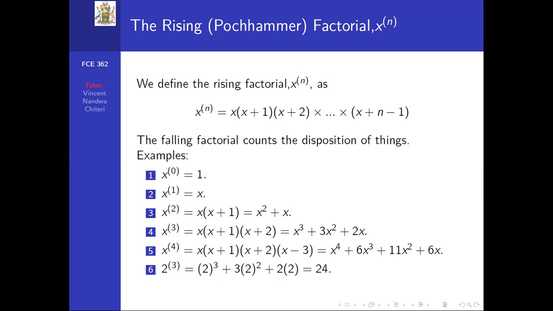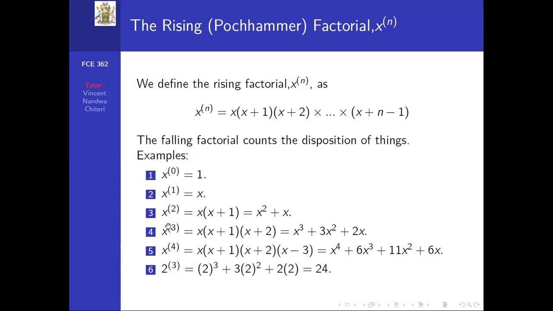And also we have what we call the rising factorial, or gamma factorial, which is defined as x into x plus 1, x plus 2, up to x plus n minus 1. As an example, when n is 0, we'll have 1. When n is 1, we have x. When n is 2, we'll have x into x plus 1, which simplifies to x squared plus x.